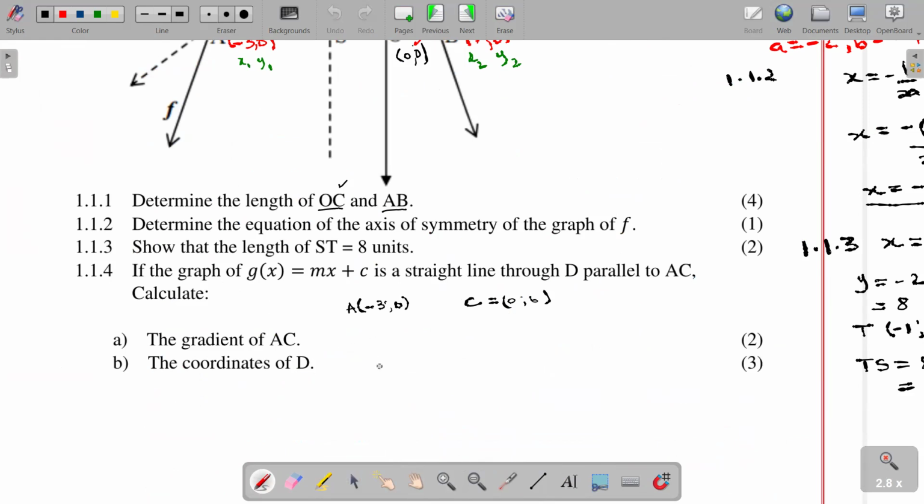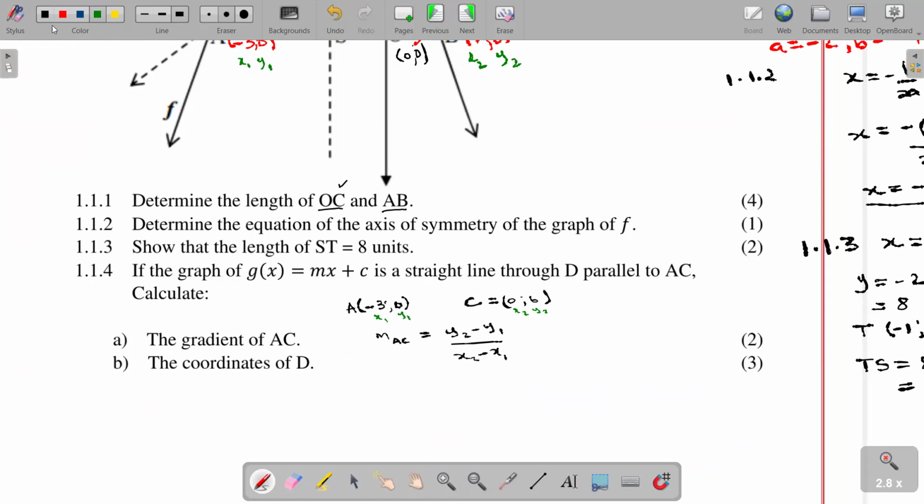So the gradient of AC will be equal to y2 minus y1 all over x2 minus x1. If you decide that A is your x1 and y1, then C will have your x2 and y2.